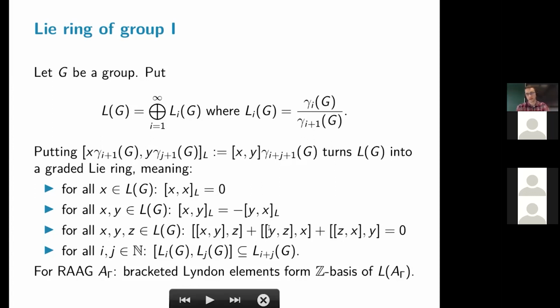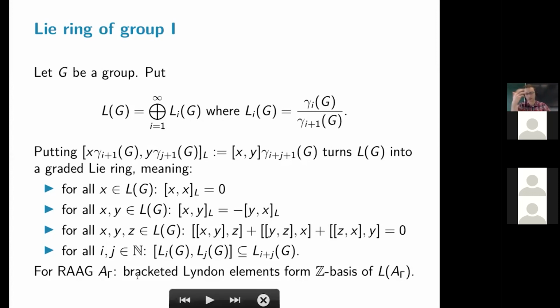So these 3 axioms make it into a Lie ring, and the graded part means that this inclusion holds as well, but the latter part is just by definition of our Lie bracket. So this turns this set Lg into a Lie ring. So some vector space, between quotation marks, over Z, but you can easily make it a vector space over C by extending your scalars.